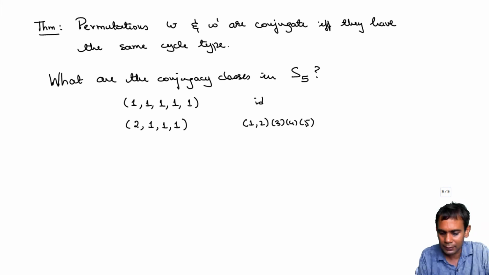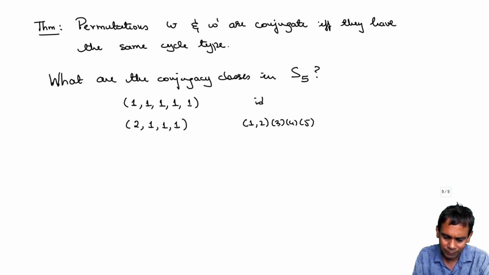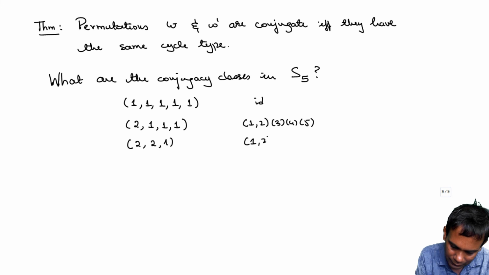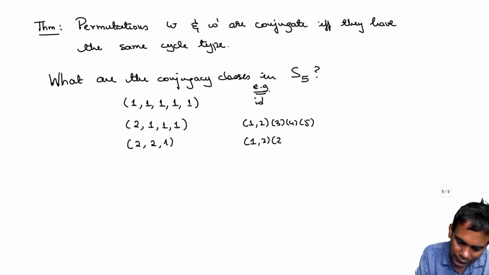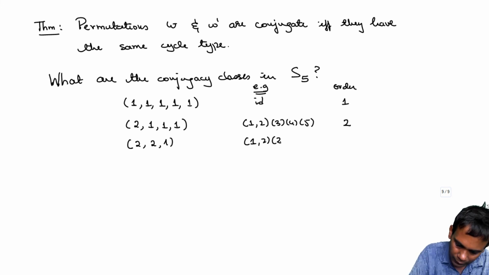These are 1 cycles, sometimes omitted because they don't really do anything. Then we have 2, 2, 1. This column will have examples, and let me write down the order also here. The order here would be 1, and the order here would be 2.